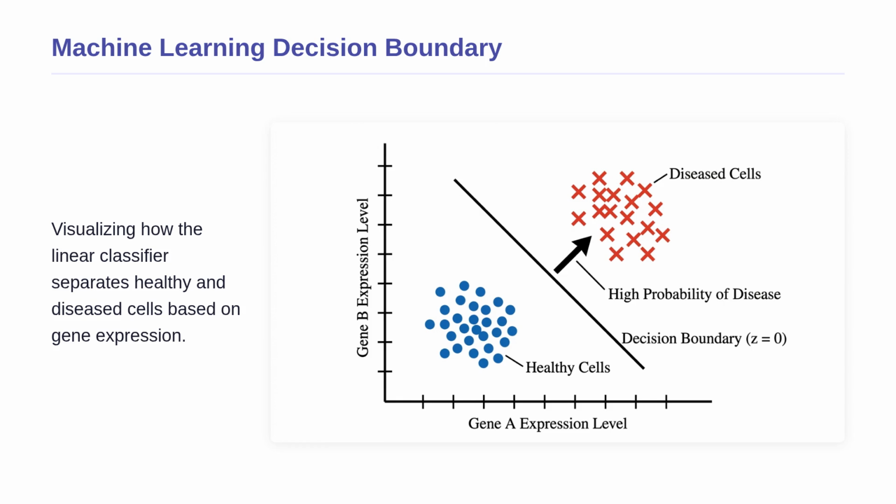The blue dots in the lower left represent healthy cells, while the red crosses in the upper right represent diseased cells. The solid diagonal line is the decision boundary, where our raw score Z equals 0. Any patient sample that falls above and to the right of this line receives a positive score, indicating a high probability of disease. This line is exactly what the algorithm learns to draw during its training phase.